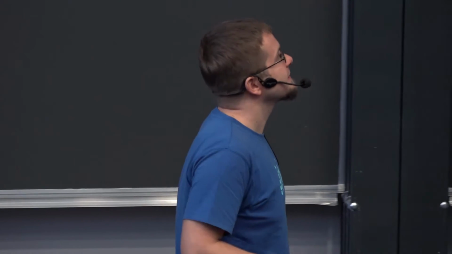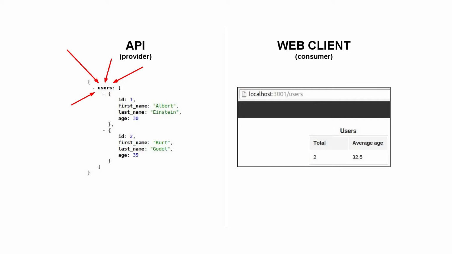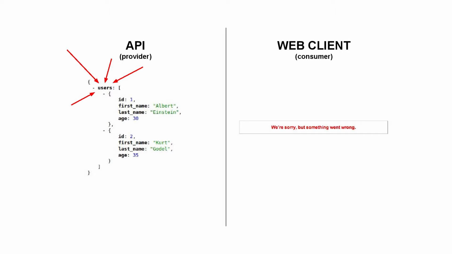But unfortunately, they forgot to tell the other team, the web client team, about this small change. It would never happen in real life because nobody is that irresponsible, but they did. So, of course, as a result of this honest mistake, production crashed.